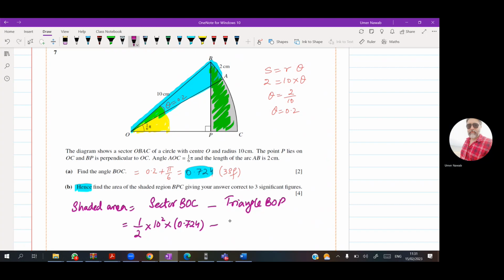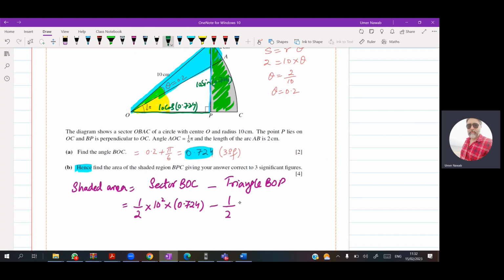Triangle is half. Oh yes, now I have to know this vertical height, which should be 10 sine of 0.724. And what is this, guys? 10 cosine of 0.724.